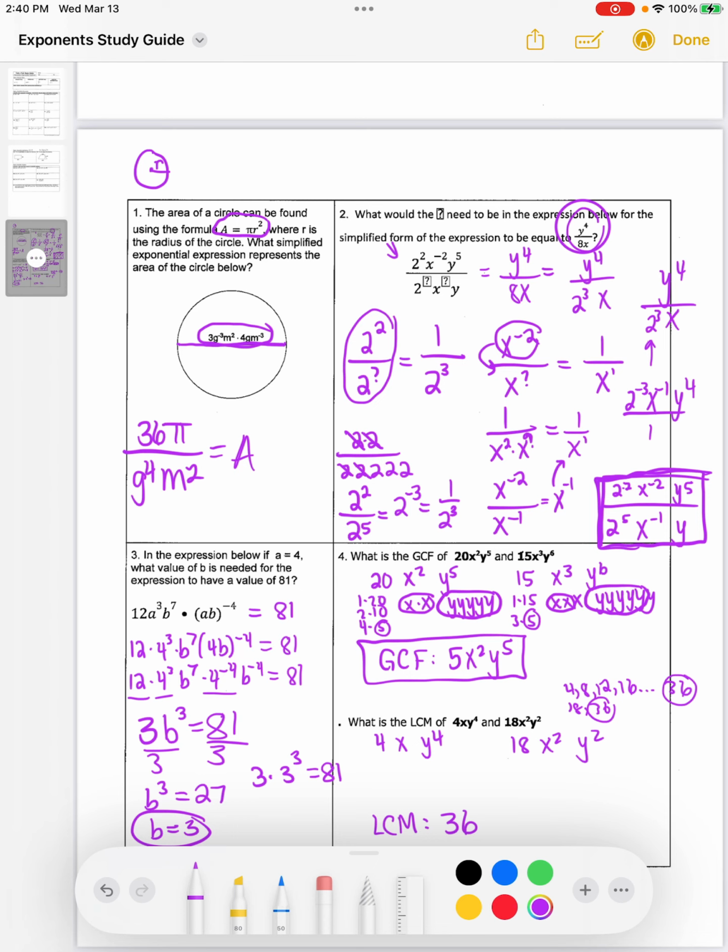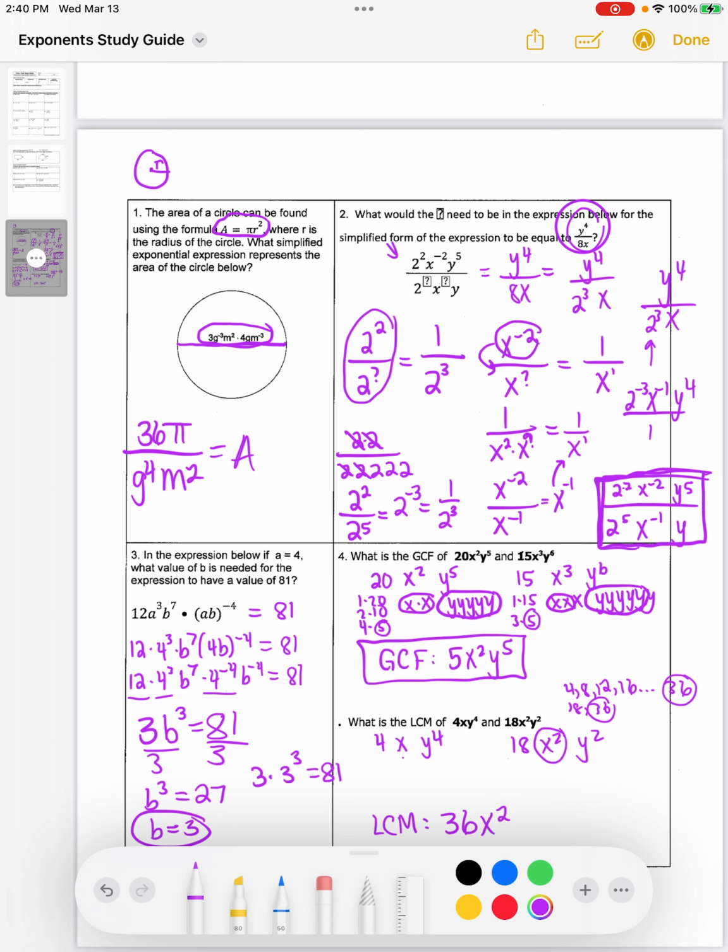But then for the variables, it's kind of confusing. The least common multiple is the smallest multiple of a variable that you can turn all of the other ones into. So x is smaller than x squared. We can turn x into x squared because you can just multiply x times another x and it'll turn into x squared, which means the least common multiple of the x's is x squared.